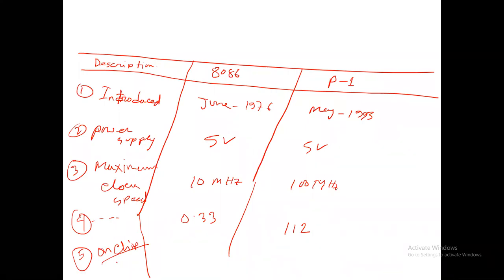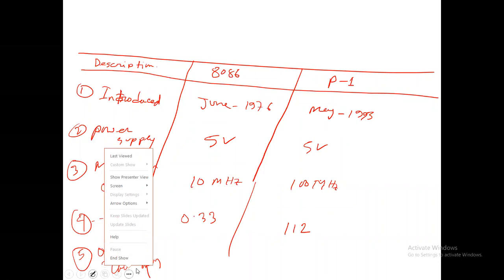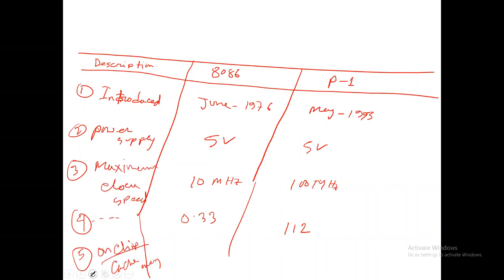For the 8086 microprocessor, it is not available. No. And these are yes. On-chip cache memory, yes.